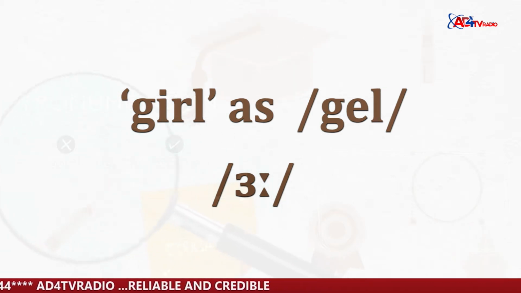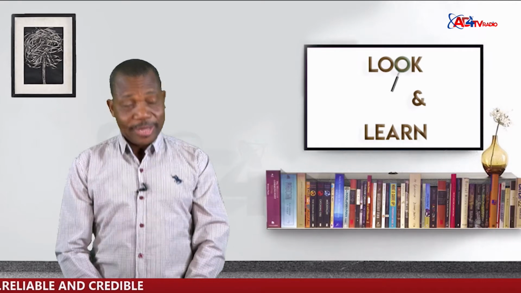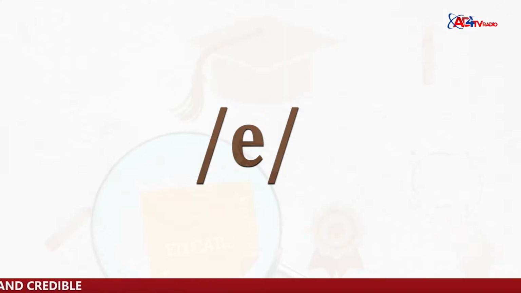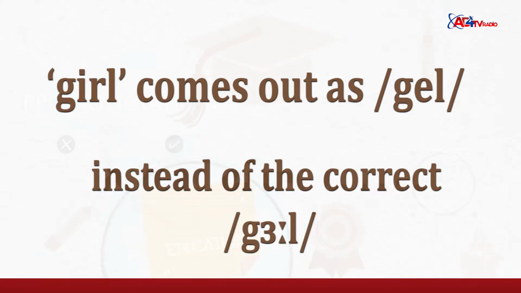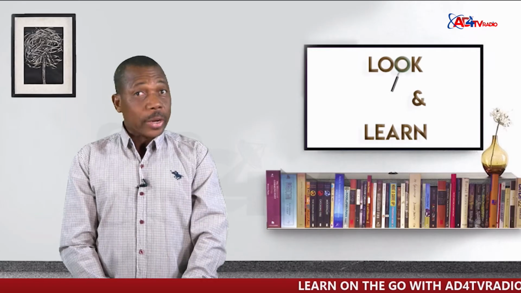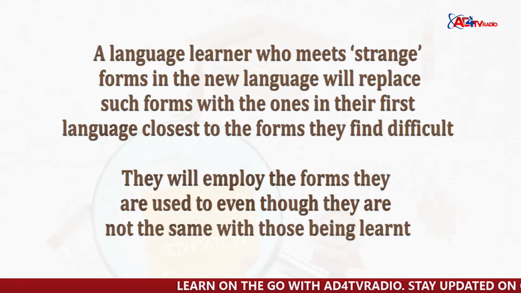The closest substitute is therefore jumped at for rescue, so to speak. The sound in Nigerian and other African languages is commissioned, and girl comes out as girl instead of the correct girl. This is one of the explanations of the difficulty an African or Nigerian has in learning spoken English.